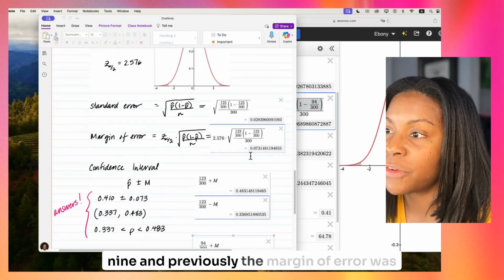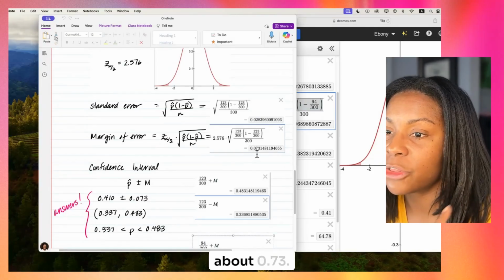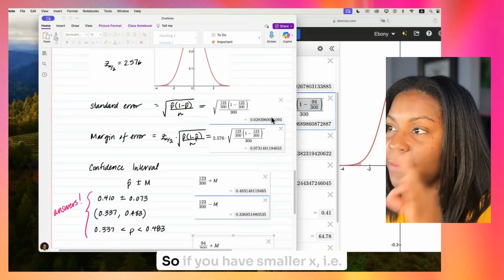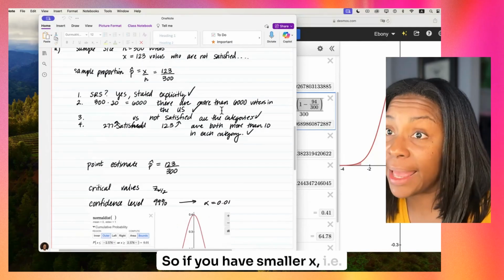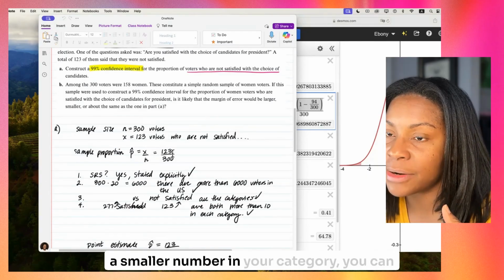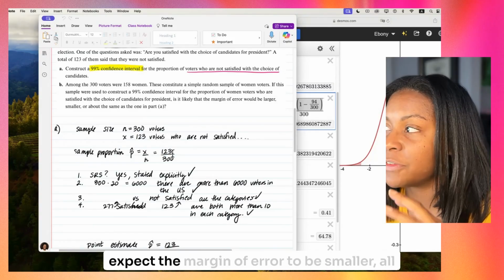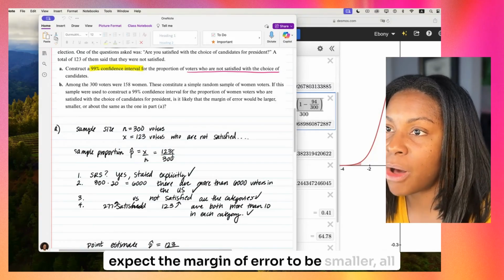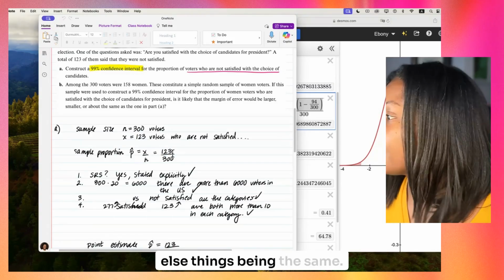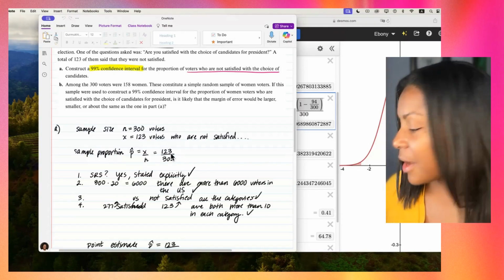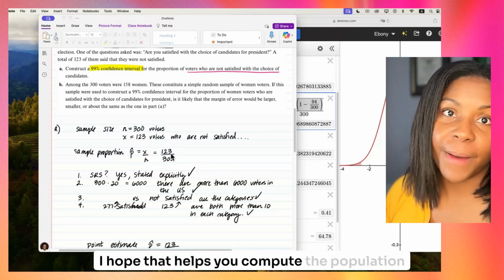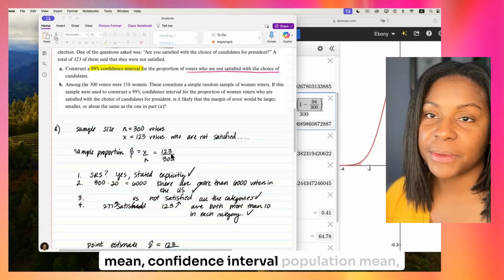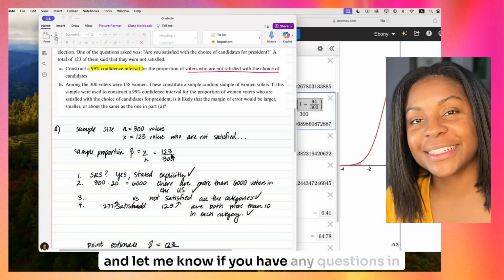And previously, the margin of error was about 0.073. So if you have a smaller x, i.e. a smaller number in your category, you can expect the margin of error to be smaller, all else being the same. I hope that helps you compute the confidence interval for the population proportion, and let me know if you have any questions in the chat.